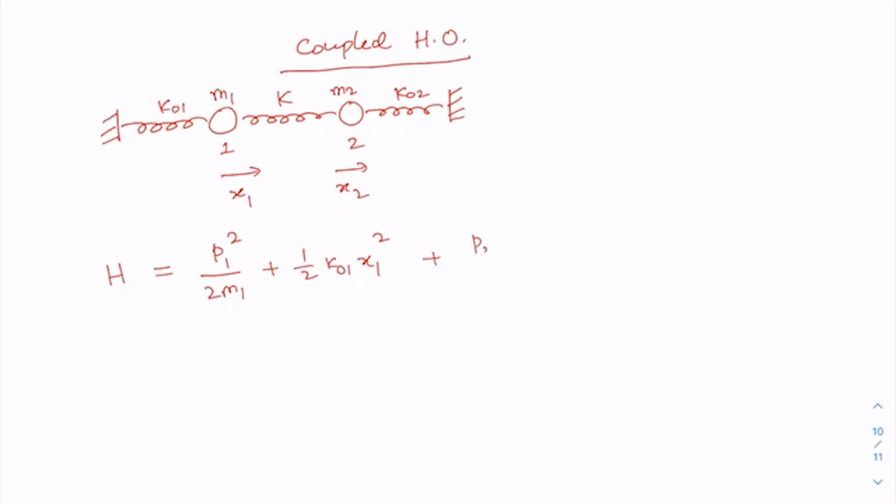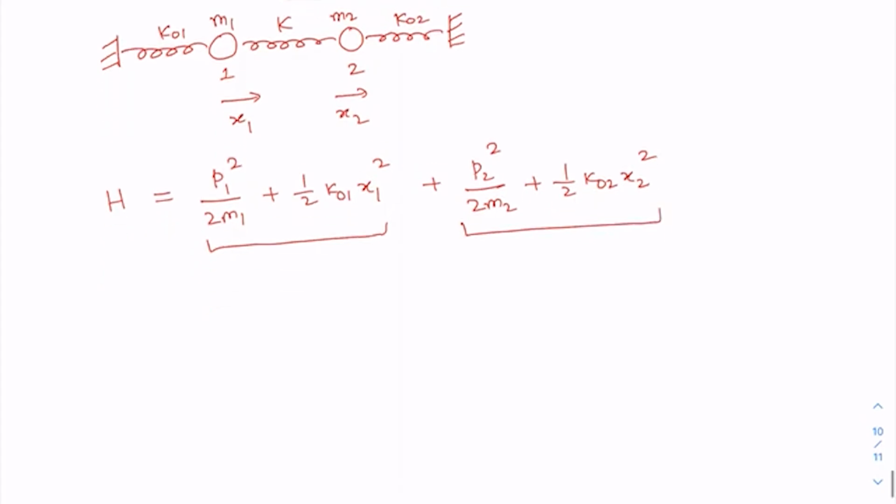Then for the second oscillator, you will have p2 squared by 2m2 plus half k02 x2 squared. That is the energy of the second oscillator if it is not coupled. These are the individual energies of the oscillators when they are not coupled, but because of coupling they would have another term, the coupling energy between them, that is half k (x1 minus x2) squared.